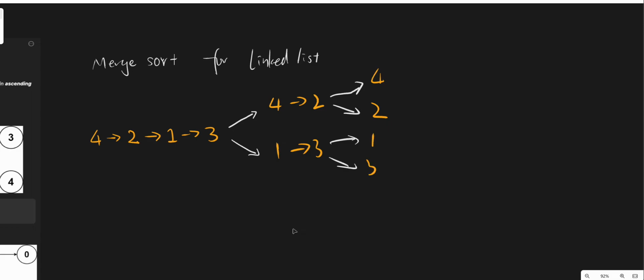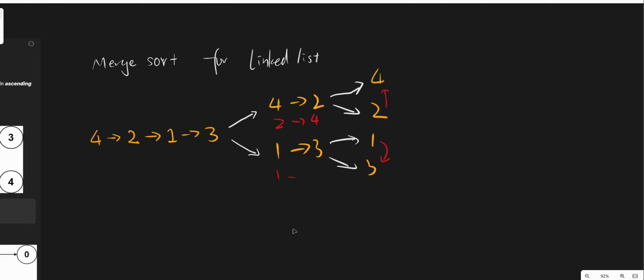Because it's the smallest unit, the smallest sublist here, we can make them into our sorted list. We change the color. So 2 should point to 4, and we return this linked list. And 1 should point to 3.